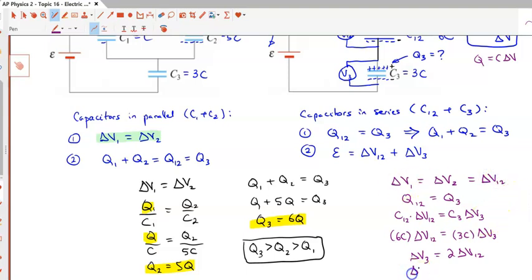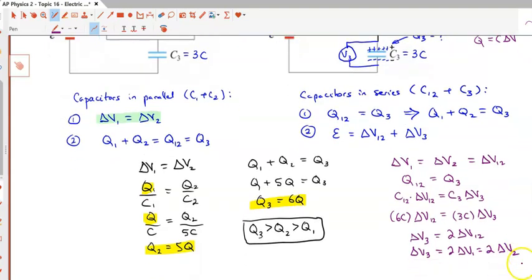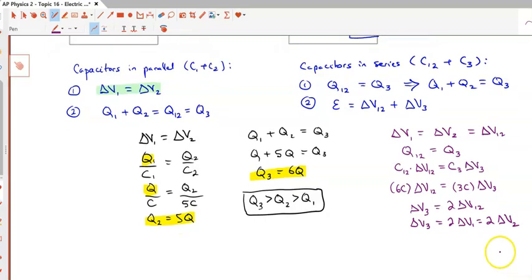So therefore, voltage 3 is twice voltage 1 and also twice voltage 2. Okay, so then we can now rank the voltages and say voltage 3 is the greatest, and voltage 1 and voltage 2 are equivalent to each other because they're in parallel with each other.